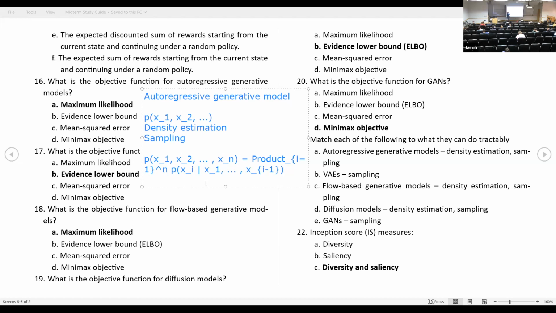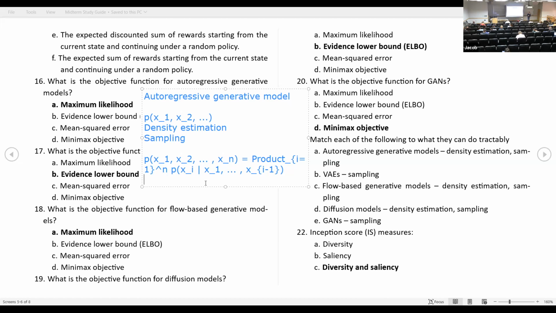Okay, so VAEs. It sounds like people didn't remember how to sample. Does anyone remember the general setup of a variational autoencoder? Yeah, Joseph. Exactly.